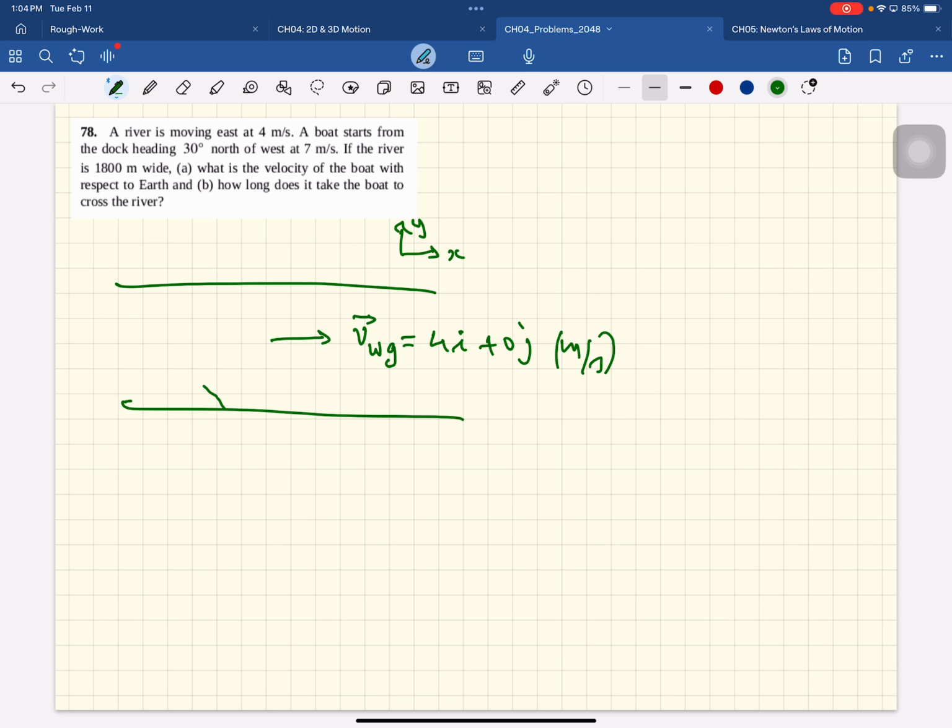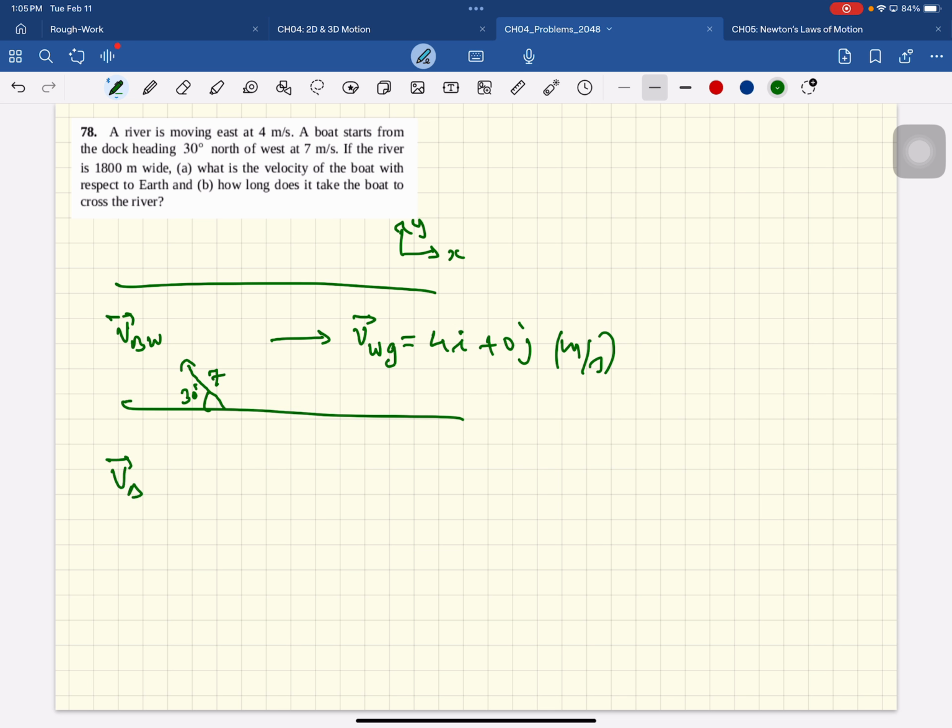The boat velocity, this is the velocity of the boat with respect to the water. Okay? And that's 7 meters per second, and that's 30 degrees north of west. Okay, so let's do the components.